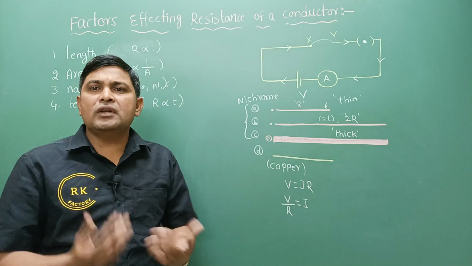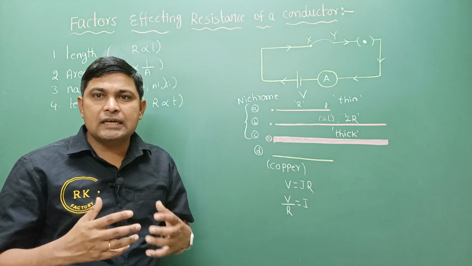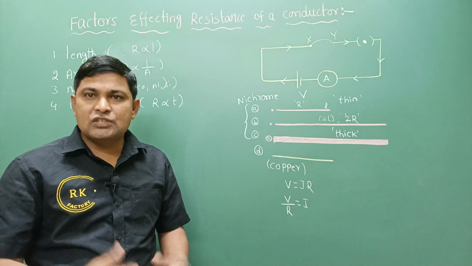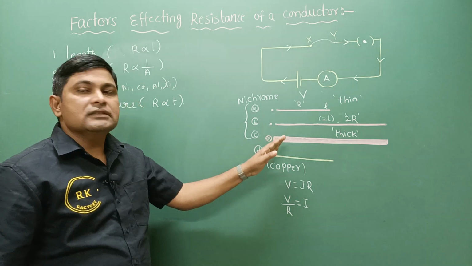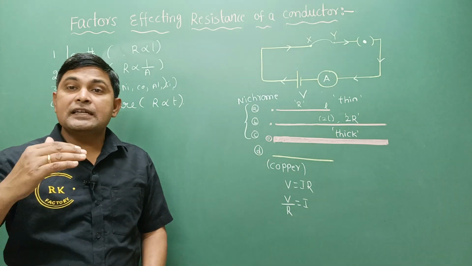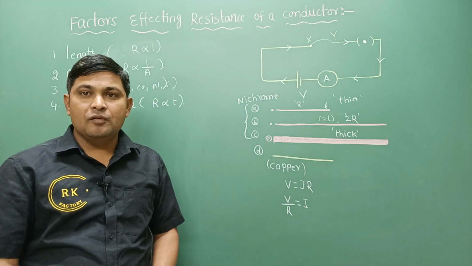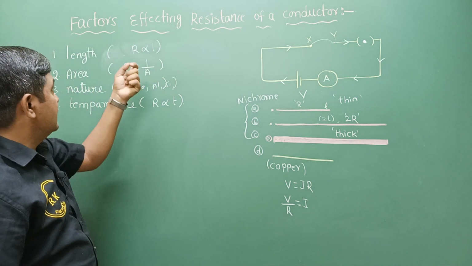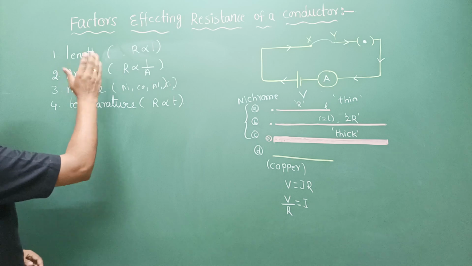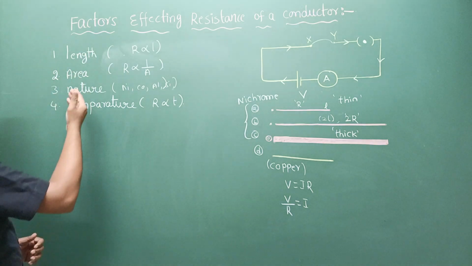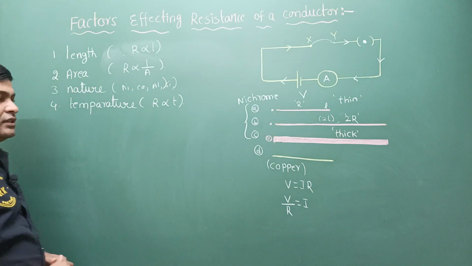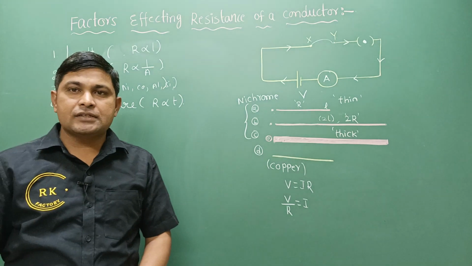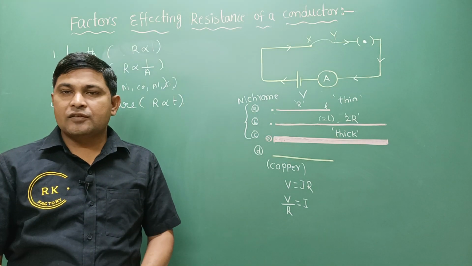More random collisions are going to take place. That's why there can be more resistance when temperature increases. That we need to understand, right? We found a reason for everything: length, area, nature, temperature. These are going to affect the resistance of a conductor.